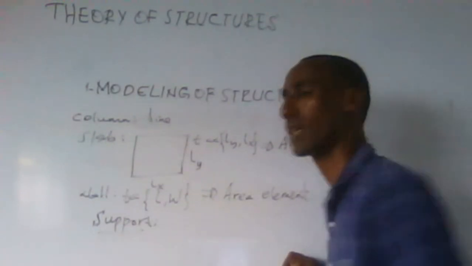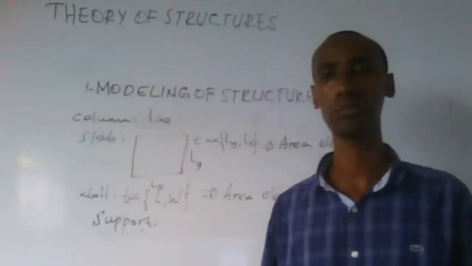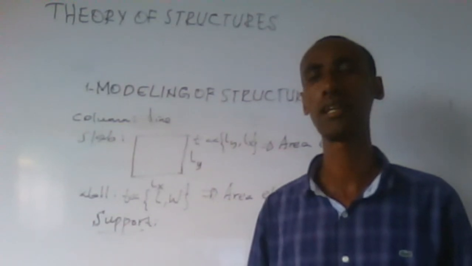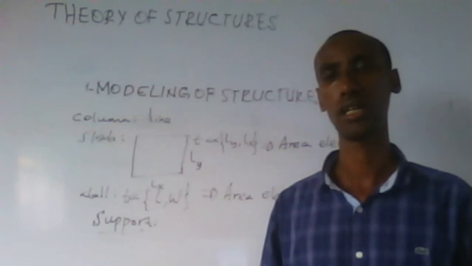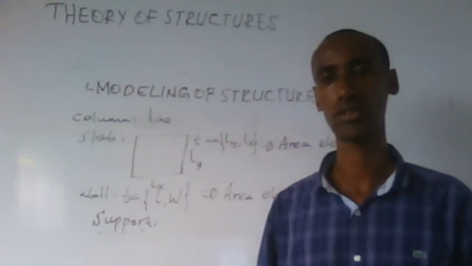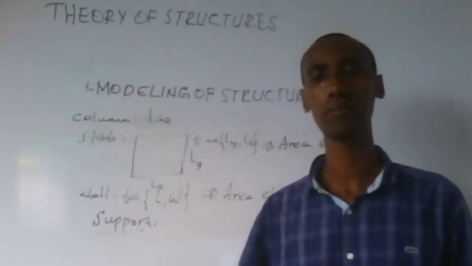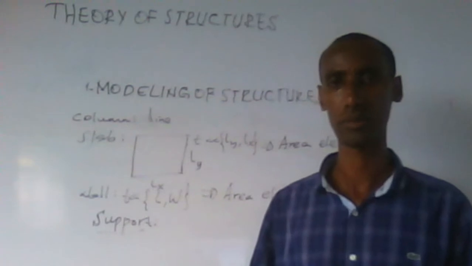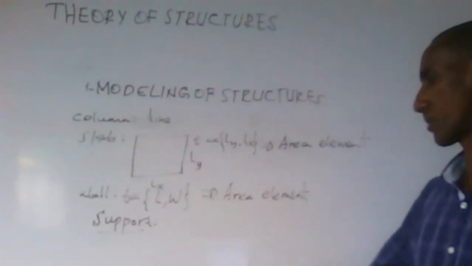We have different types of supports practically, and once again it's quite difficult to exactly represent what is happening in the real world structure, to represent the connection type or the support type, but some of them are straightforward. They can be represented well. So let me focus on some of the representations.